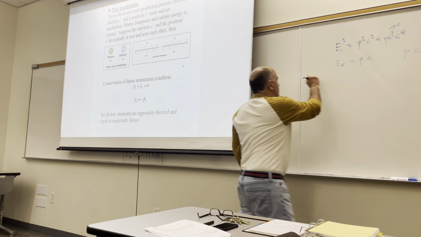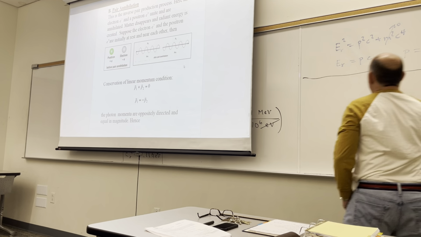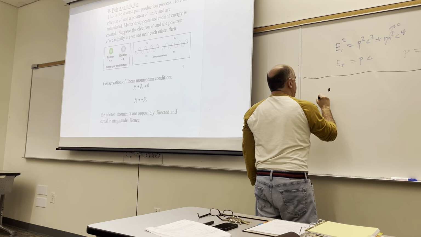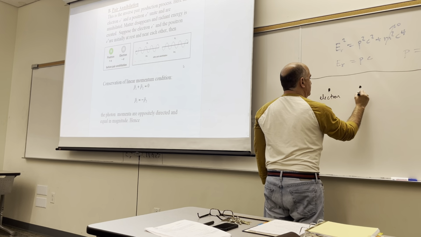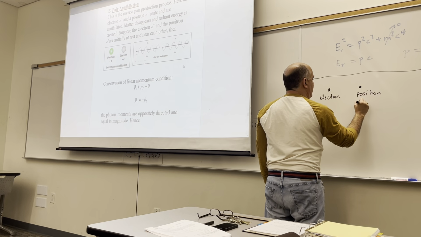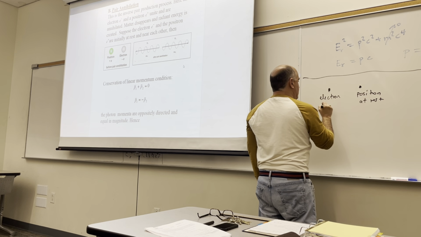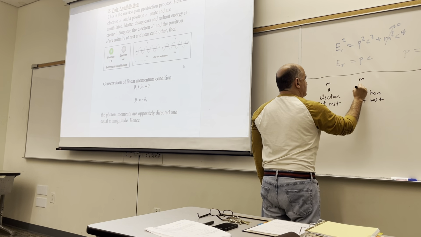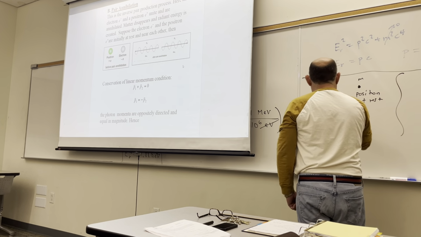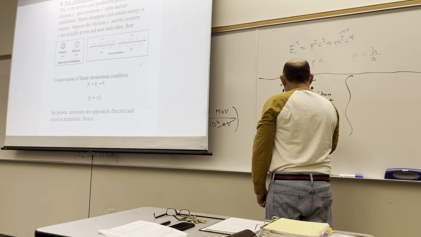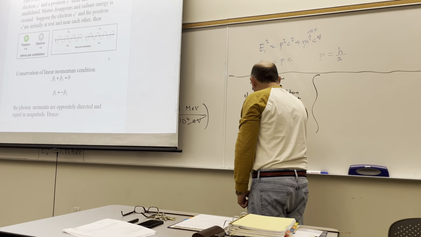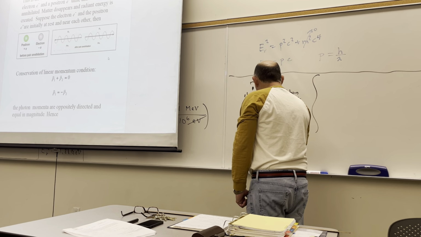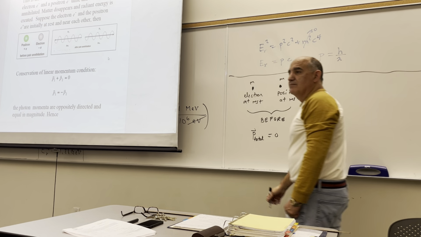So in that process, what you have is an electron and a positron at rest. That's the mass. So that's before. The total linear momentum over here is 0.